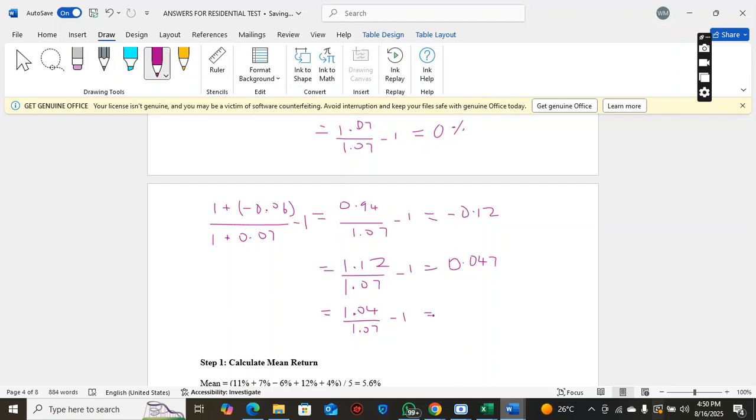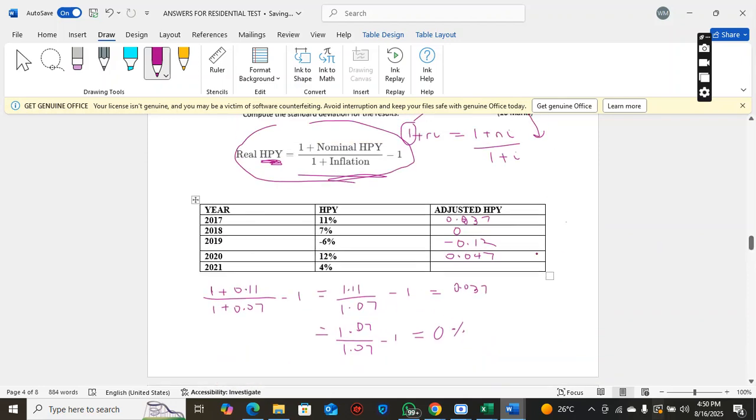So 1.04 divided by 1.07, you get 0.97, minus 1, negative 0.028, which is like negative 2.8%. Negative 0.028.